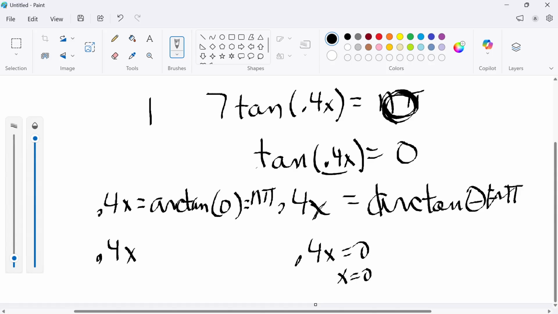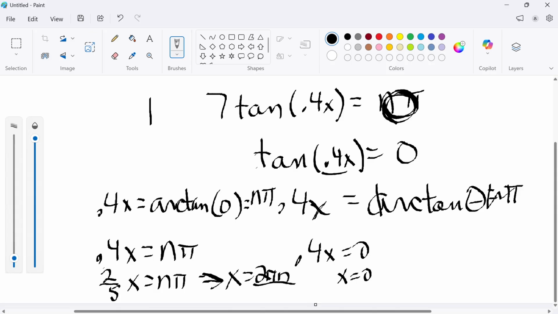So 0.4x equals n pi. Boy, oh boy. And I'm going to rewrite 0.4 as 10 over 4 or 5 over 2, or 4 over 10 or 2 over 5. 2/5 x equals n pi. Multiply both sides by 2, divide both sides by 5. X equals 2 pi n over 5.